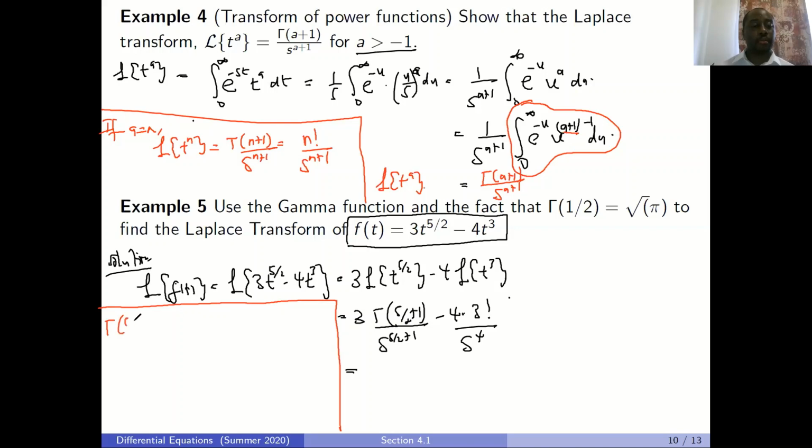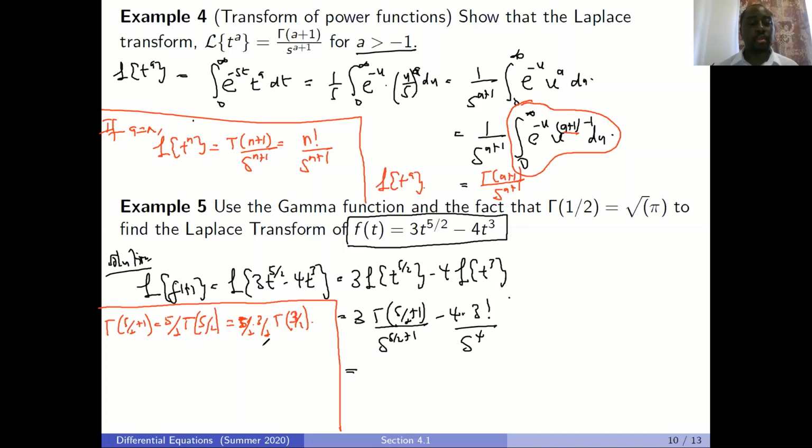So gamma of 5 halves plus 1, by our property, is 5 halves gamma of 5 halves. We know 5 halves is 3 halves plus 1, so this is 5 halves times 3 halves gamma of 3 halves.